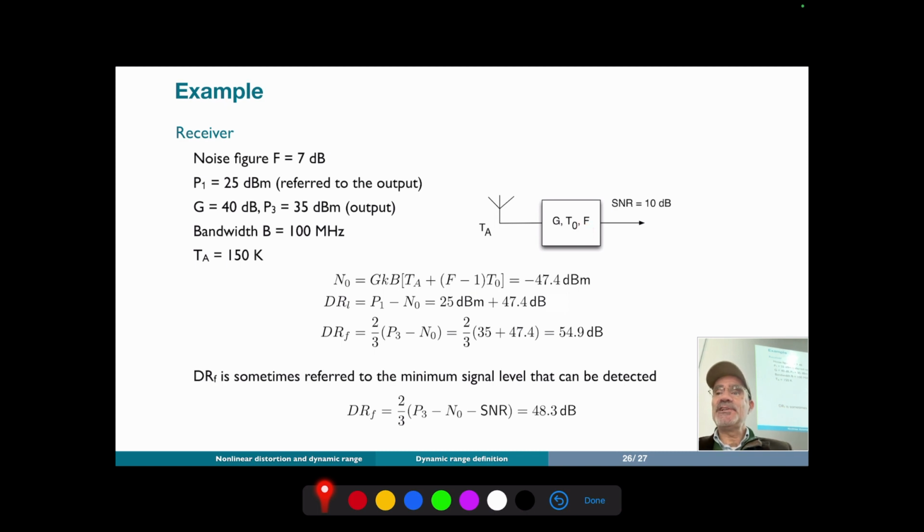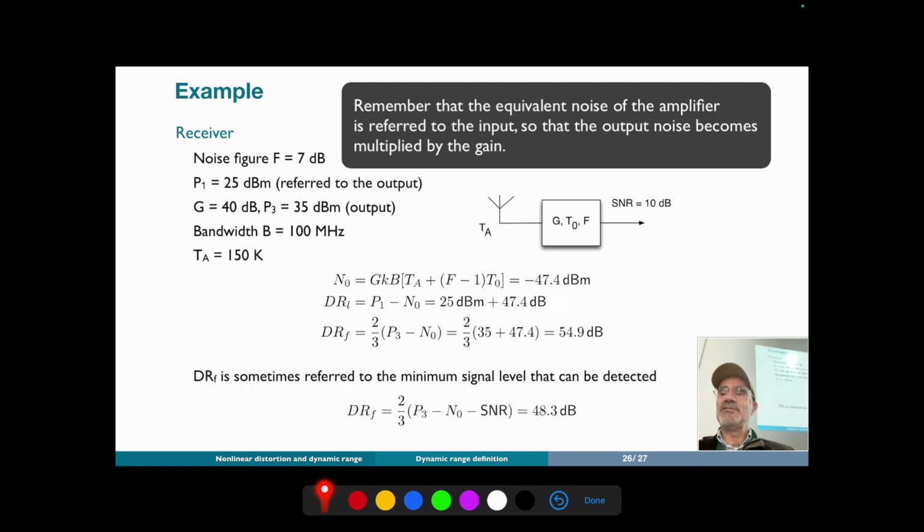We need to convert the noise figure to equivalent noise temperature, which is this term here. F minus 1 times T sub naught is the equivalent noise temperature of the amplifier, okay, plus the equivalent noise temperature of the antenna, multiplied by K times B times the gain of the amplifier, gives us the total noise at the output, which is minus 47 dBm. Okay.